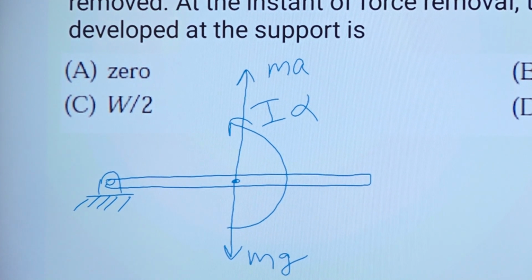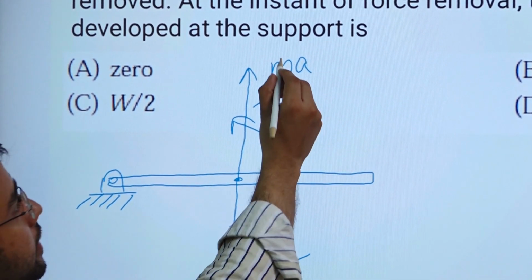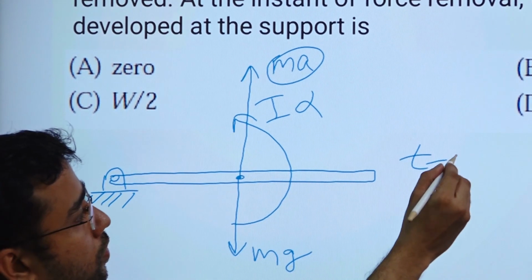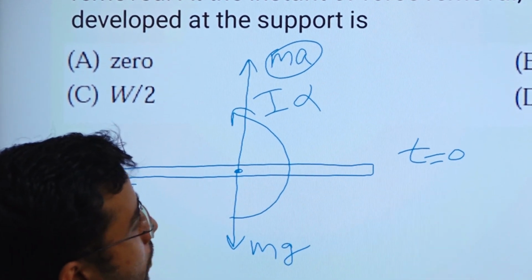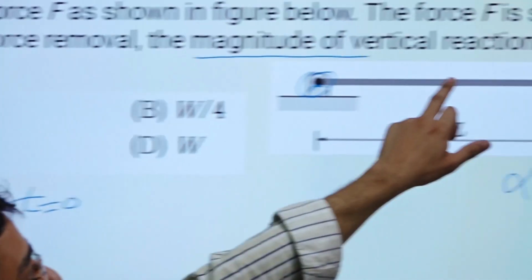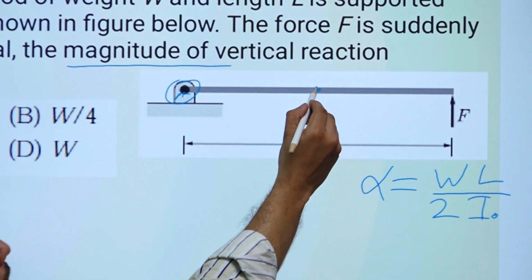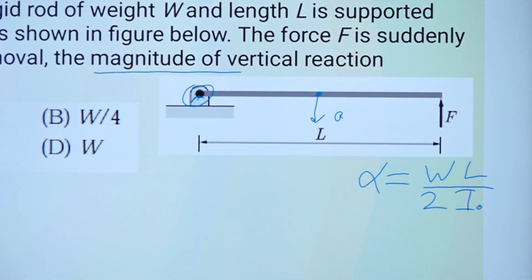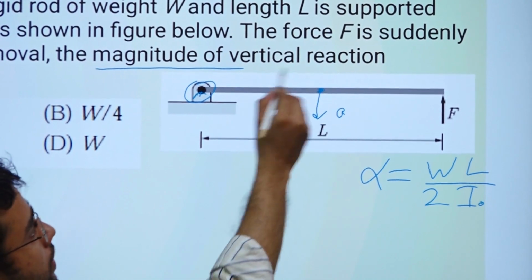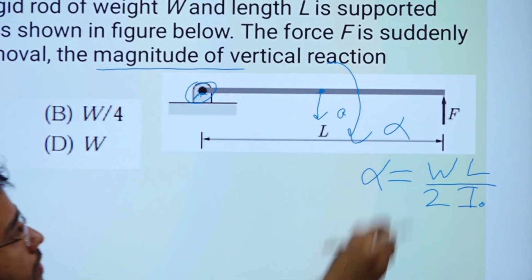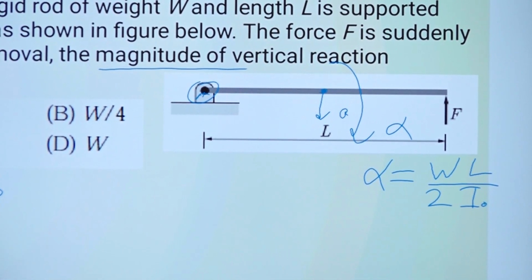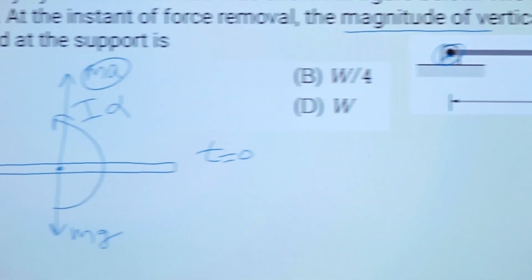I am taking this acceleration at t equal to 0. At that instant this point will develop some acceleration and this body will develop one angular acceleration, so we have to consider both of these things here.